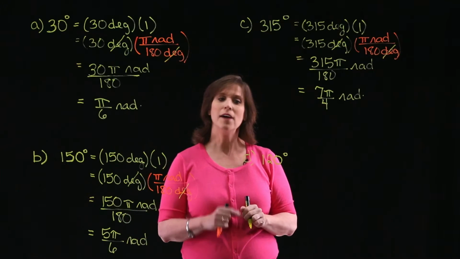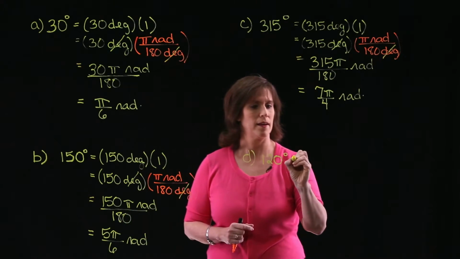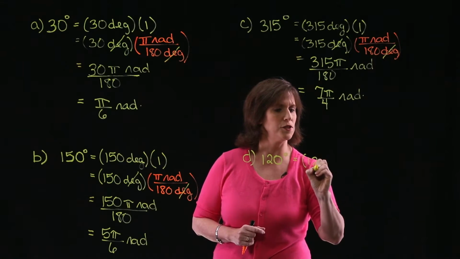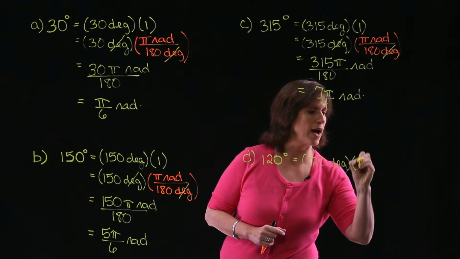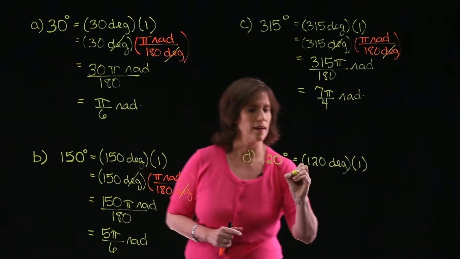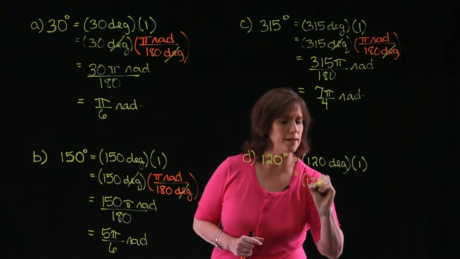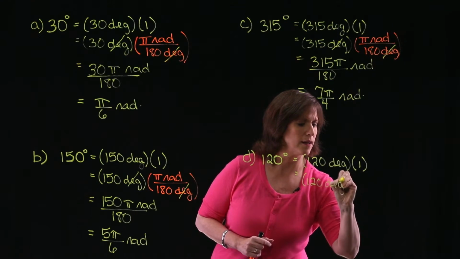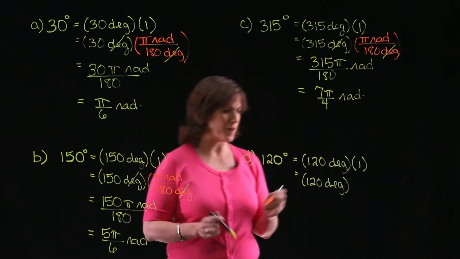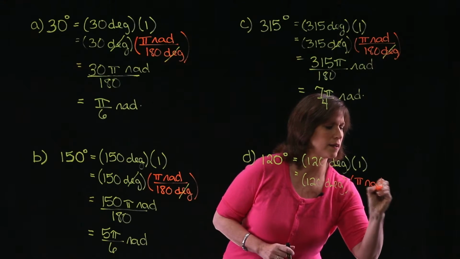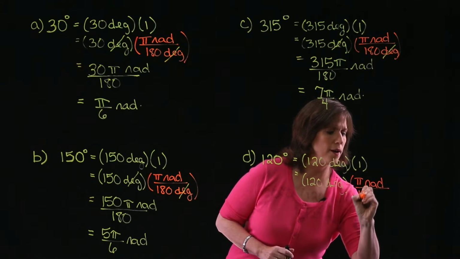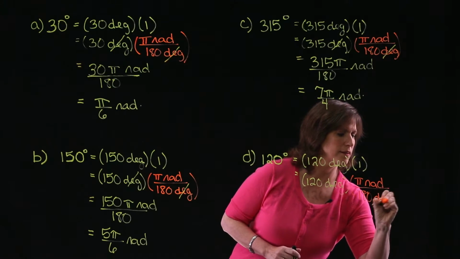Last example, 120 degrees. So I've got 120 degrees times 1. We know now that my conversion factor is pi radians divided by 180 degrees.